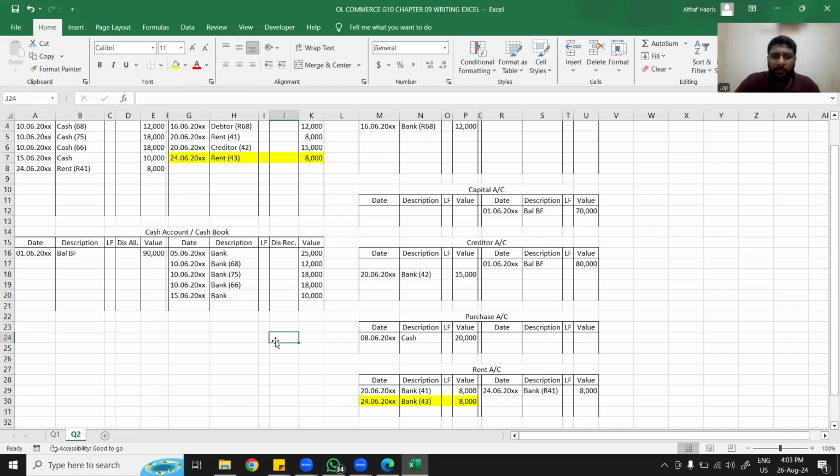Rent account debit, bank account credit 8,000.